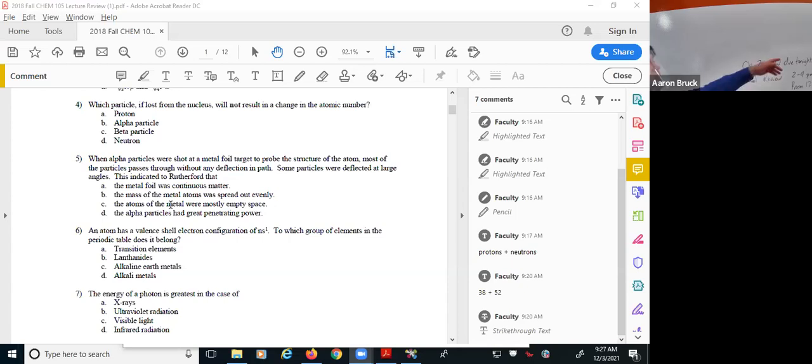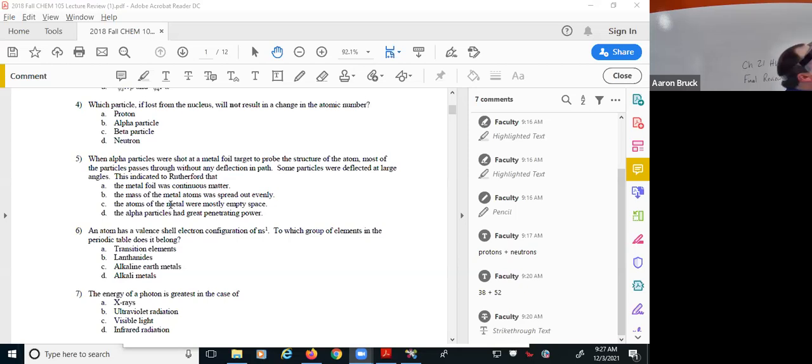Okay. Obviously, if we lose a proton, that's going to change the atomic number. Remember that alpha particles and beta particles, those radioactive decays that we talked about, we do those transmutation reactions. The thing that we end with is different from the thing that we started with. Either it's lighter and a different element, or in the case of beta decay, it's the same mass, but a different element. Okay?